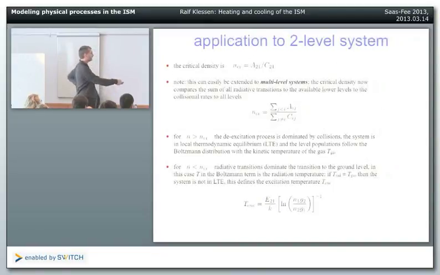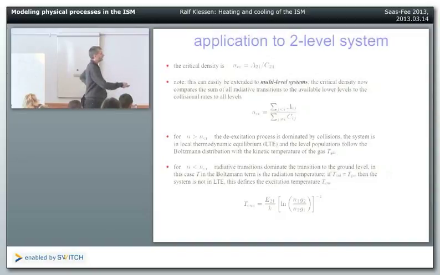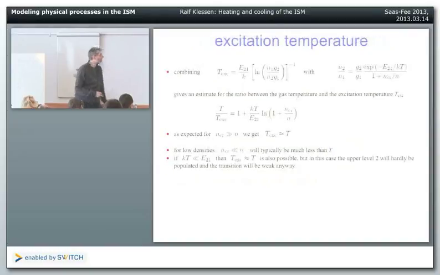Good. If this is not the case, if you are below this critical density, then typically radiative de-excitation dominates, and we have a difference between the radiation temperature and the gas temperature. So we are not well coupled. This is the non-LTE case. So the excitation temperature can then be defined by that, and we can combine this one with that one.